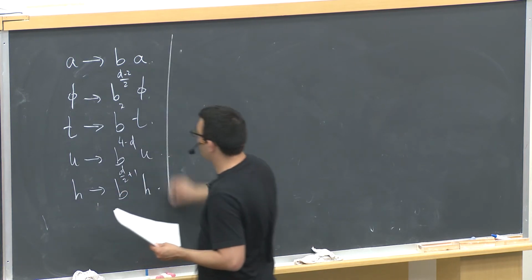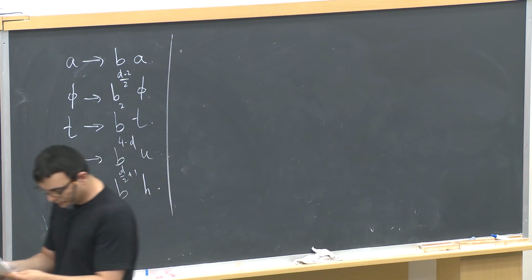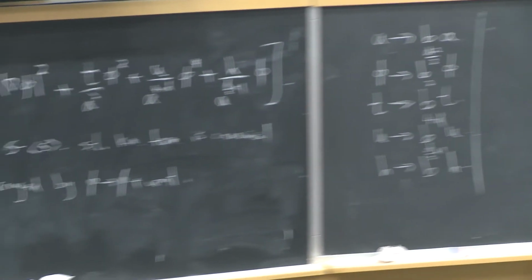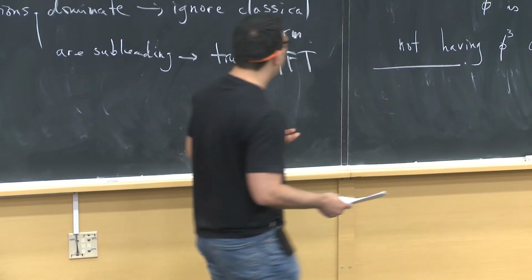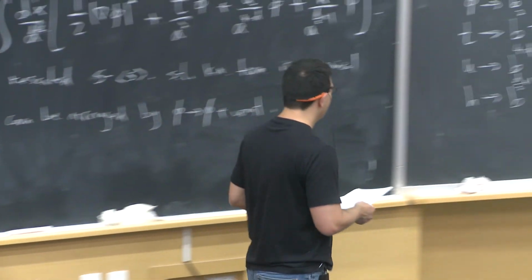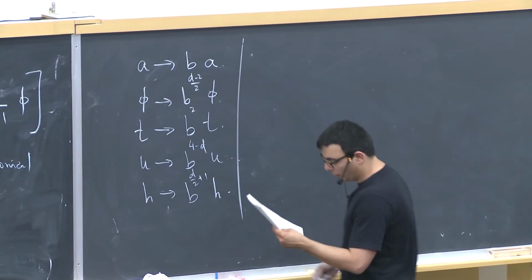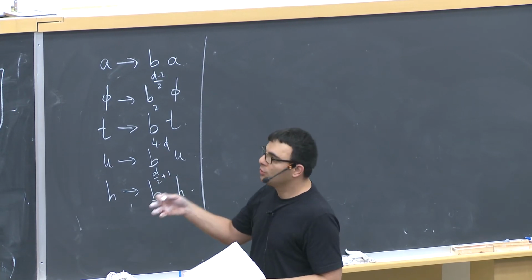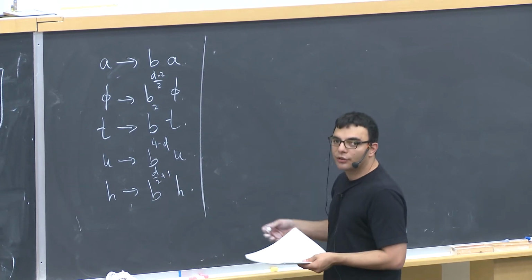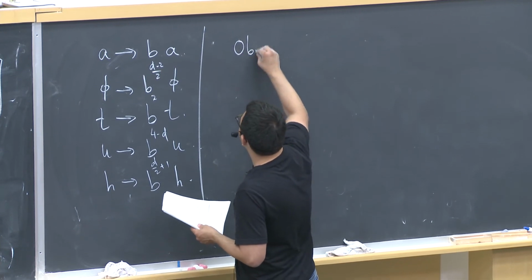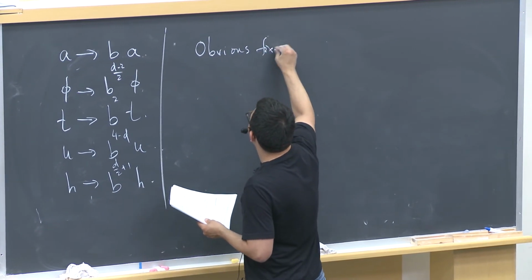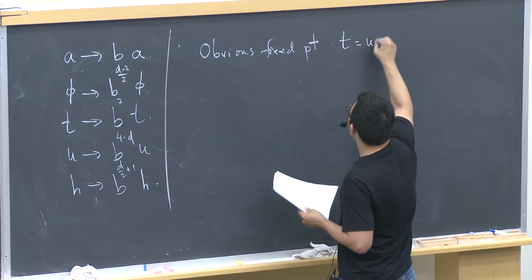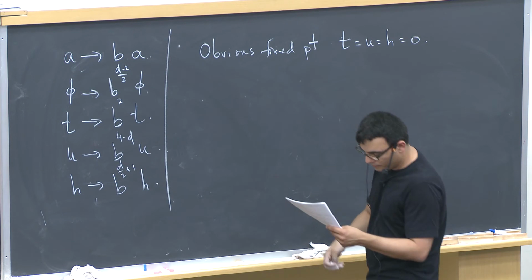Now the question is, what do we want from this theory? Well, in order to describe a critical point, we want to have a fixed point. One obvious fixed point is where t equals u equals h equals 0.